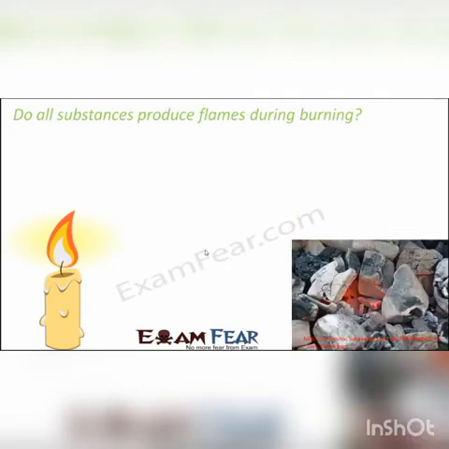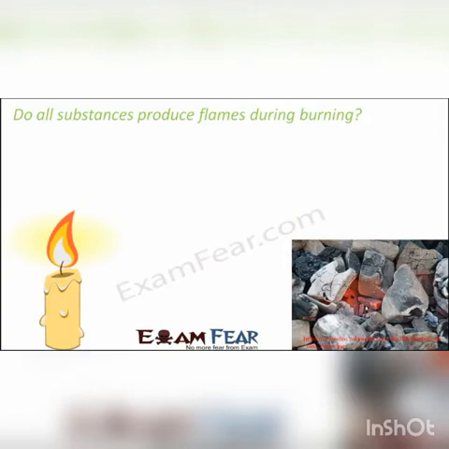Now let us take another example, say, charcoal. Charcoal is obtained by heating wood in the absence of oxygen. So if you heat wood, what you get is charcoal. Charcoal also acts as a fuel. Now when you burn charcoal, what happens? Do you see flames? In the picture, it clearly shows that there is no flame as such.